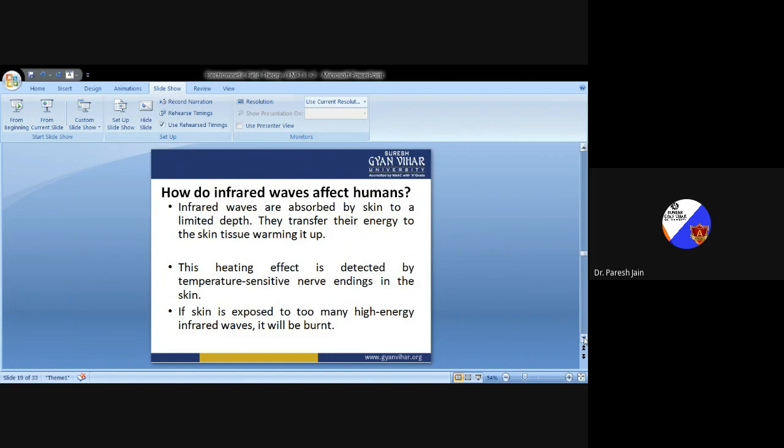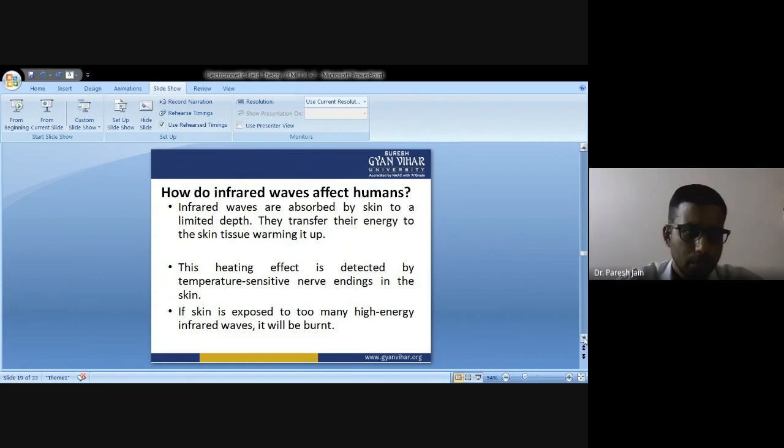They transfer their energy to the skin tissue, warming it up. So infrared waves are high frequency waves, and they transfer their energy to the skin tissues and warm it up.